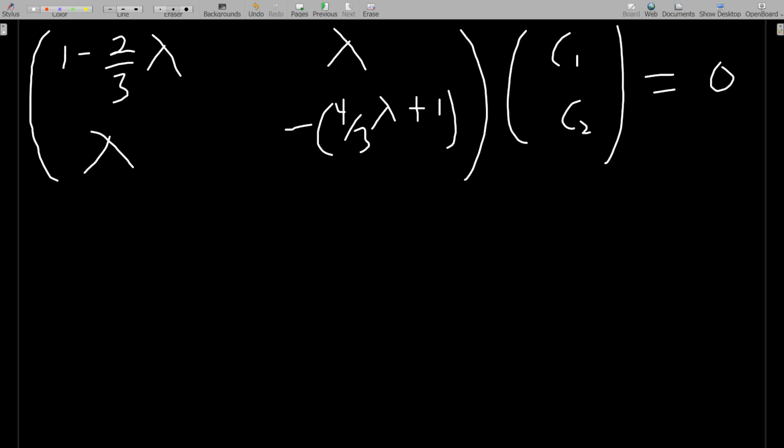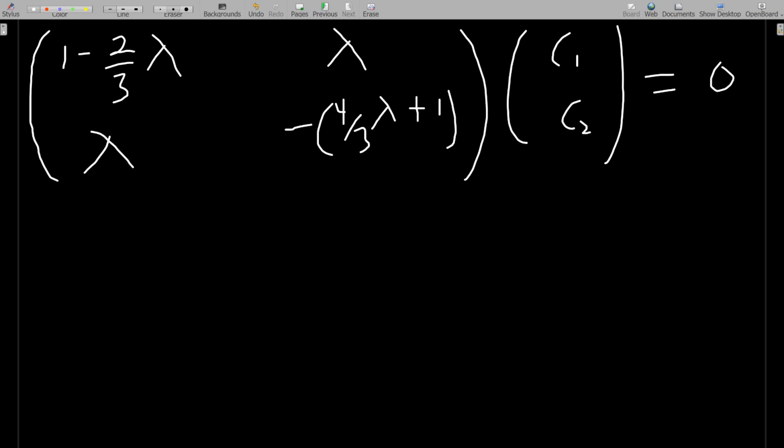Now I realize that using Cramer's rule may not work here, because we have to put the 0 vector in place of the first column to find c1, and the determinant will be 0 over something. You may be thinking that the answer is c1 and c2 are both zeros. No, please. What you have to do is use your idea of the characteristic polynomial and matrices, that define the eigenvalues and eigenfunctions.